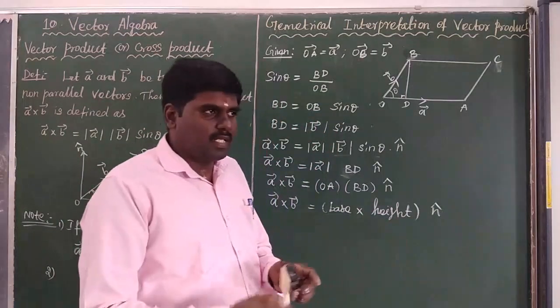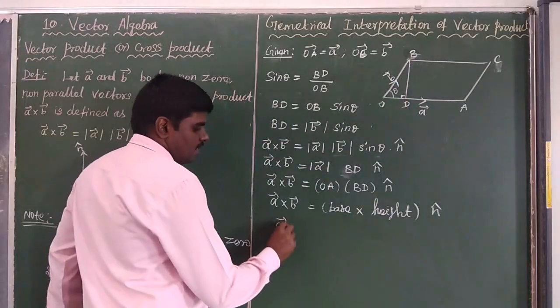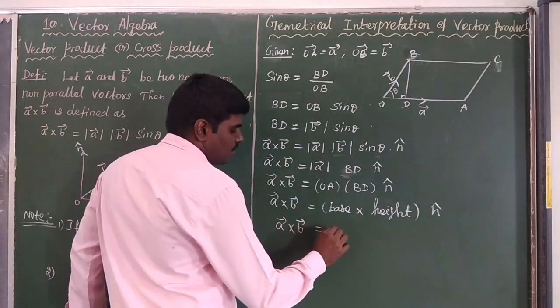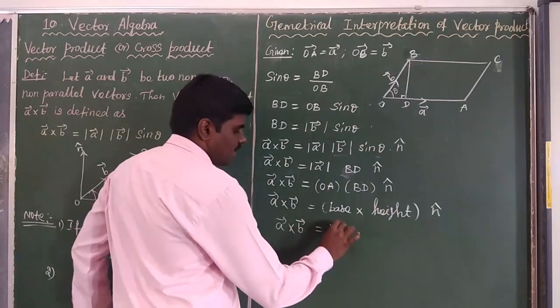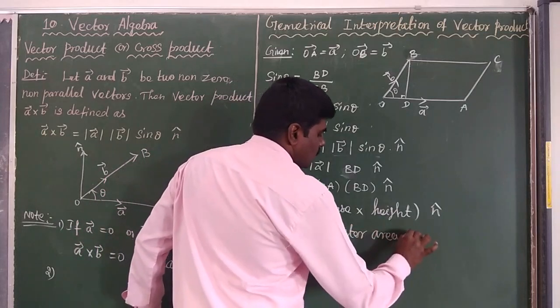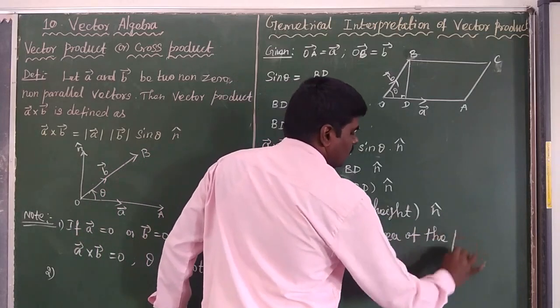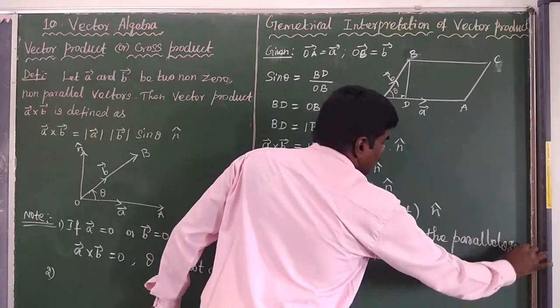So base into height, this is the formula for the area of the parallelogram. Here A vector cross B vector is equal to the vector area of the parallelogram.